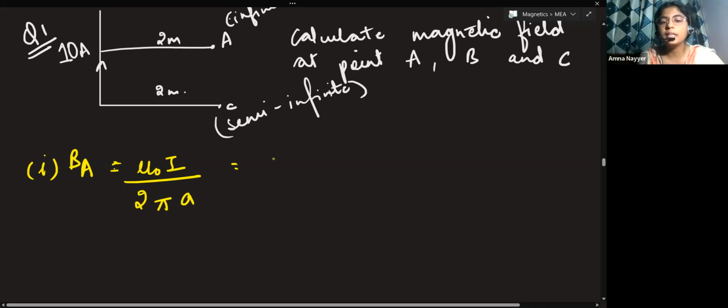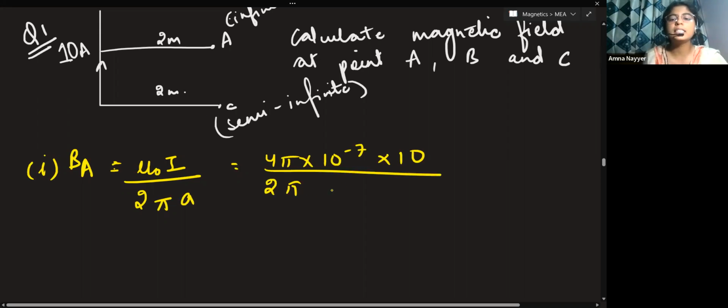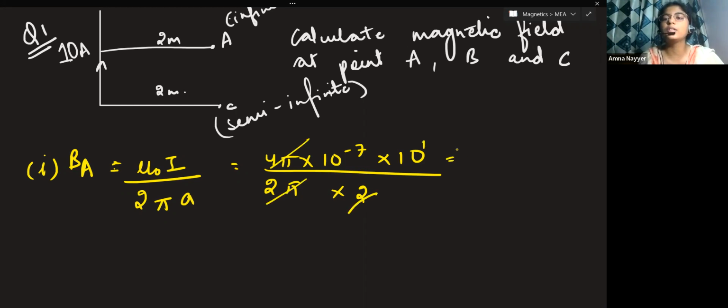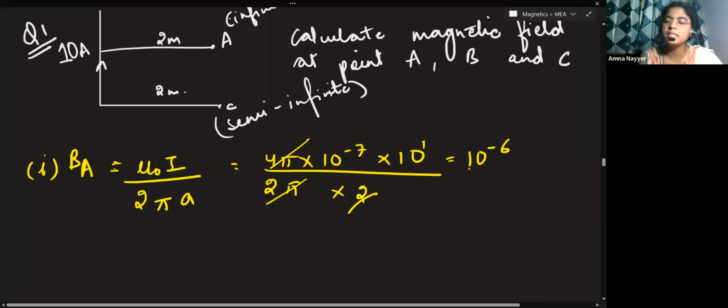Mu naught can be written as 4 pi into 10 to the power minus 7. Current is 10, 2 pi. And a is also 2. So this becomes 4 pi. And 4 pi is there in the numerator. This comes to 10 to the power minus 7 into 10 to the power 1. This gives 10 to the power minus 6.